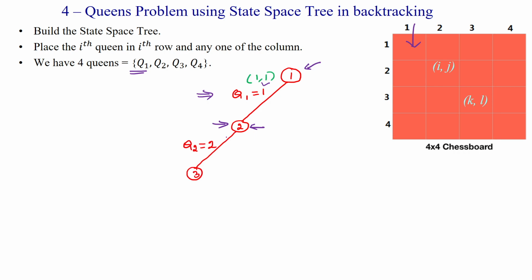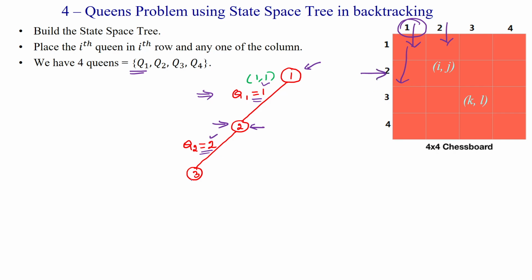Now I am selecting the second column for queen number 2 because the first column is already selected for queen 1. I cannot select this column, that's why I am ignoring the first column for queen 2. Then I am selecting the second column, placing queen number 2 in the second row.